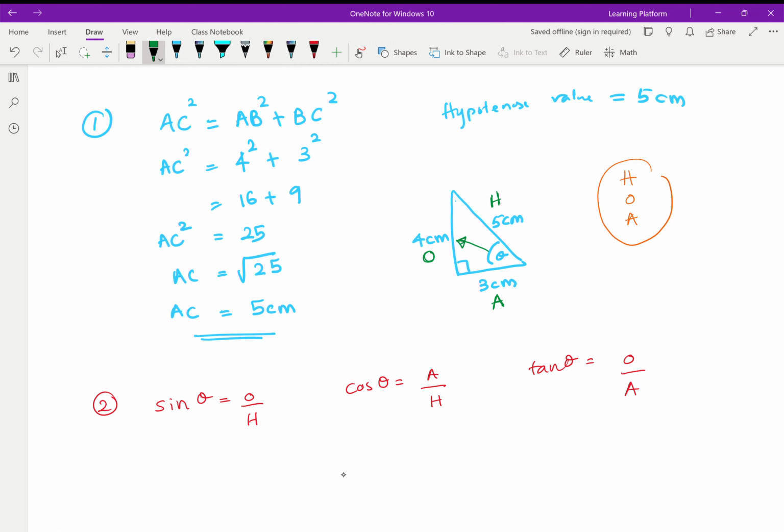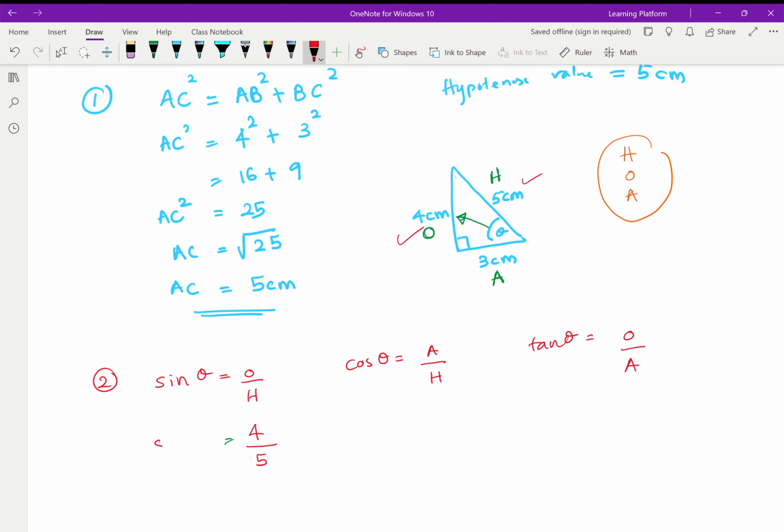Okay. Now you know the value of O. What is O here? Value of O is 4 centimeters. Value of H is 5 centimeters. Now you have found the value of sin theta. Sin theta is 4 over 5. Now cos theta value. Cos theta is adjacent over hypotenuse. Adjacent is 3 centimeters, hypotenuse is 5 centimeters.